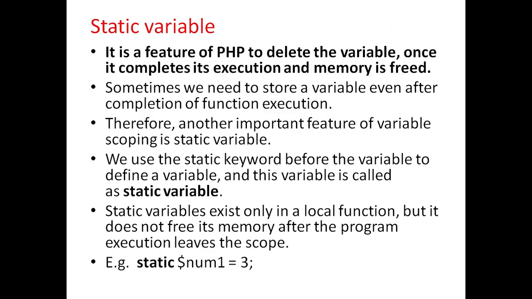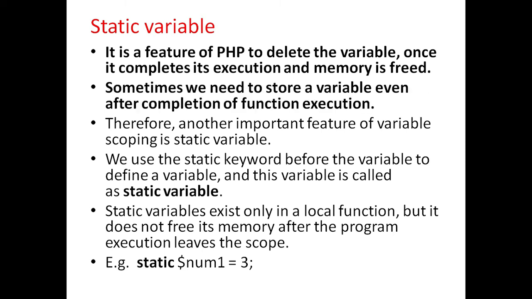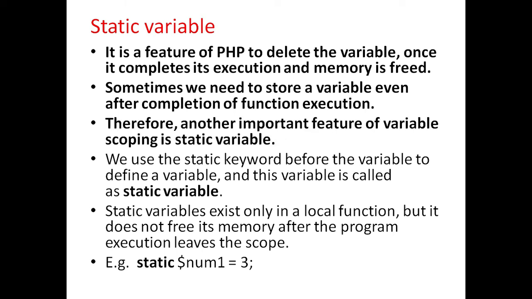Next is static variable. A feature of PHP is to delete the variable once it completes its execution and its memory is freed. Sometimes we need to store a variable even after completion of function execution. Therefore, another important feature of variable scoping is static variable.